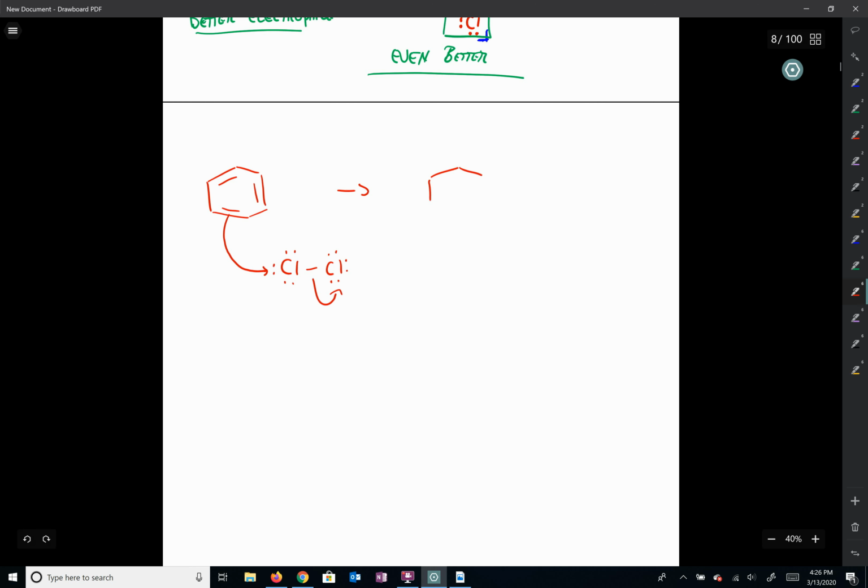So in essence, let's start to color code some stuff. Purple. So we make a bond from the purple to one of the chlorines, and we end up kicking off this here. So this is the idea. The pi bond has to swing open and hit that chlorine.